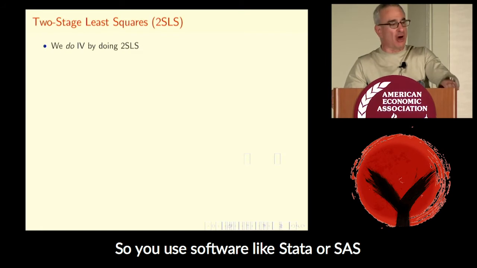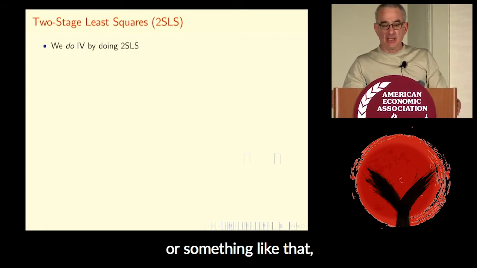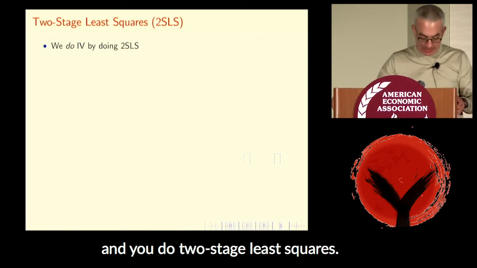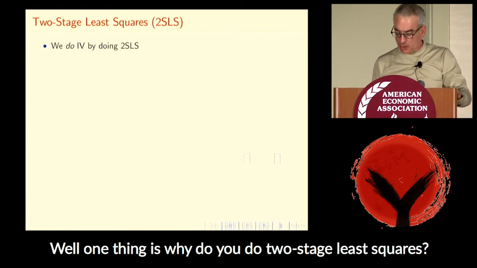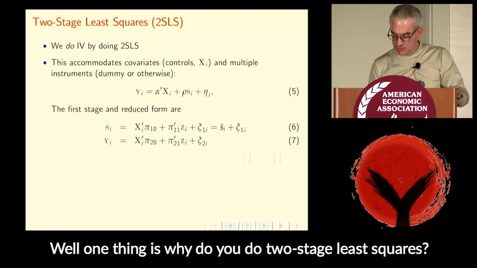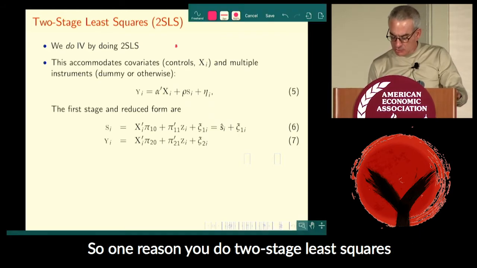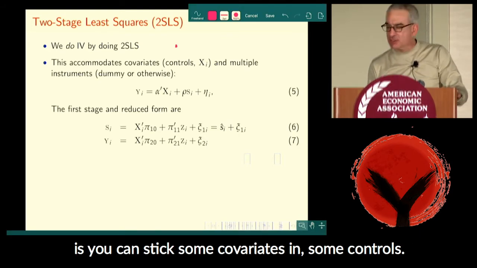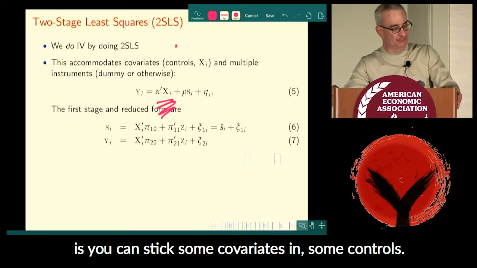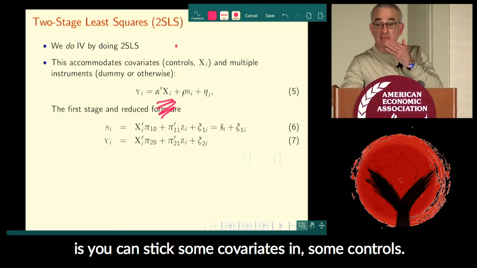So you use software like Stata or SAS or something like that. How does two-stage least squares work? Well, one thing is, why do you do two-stage least squares? So one reason you do two-stage least squares is you can stick some covariates in, some controls.